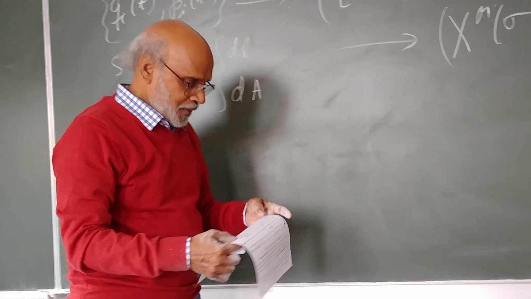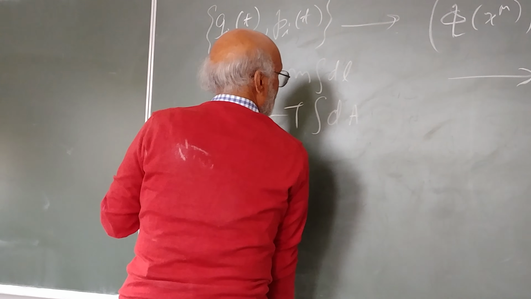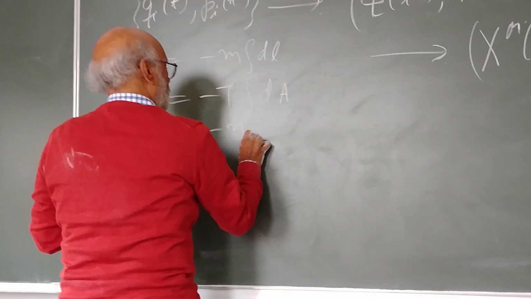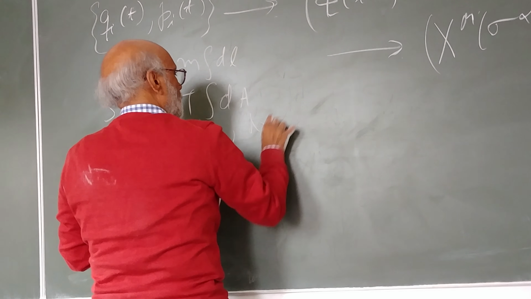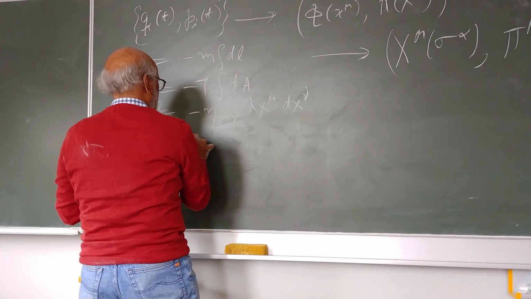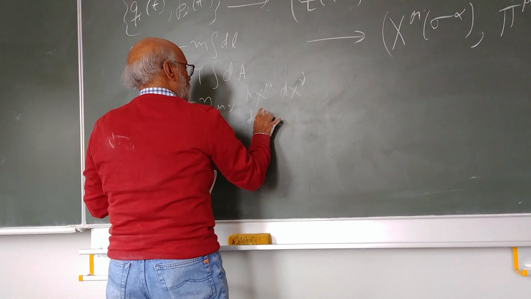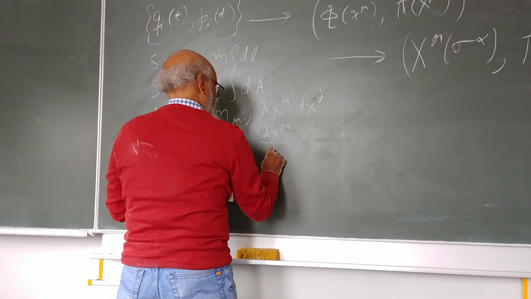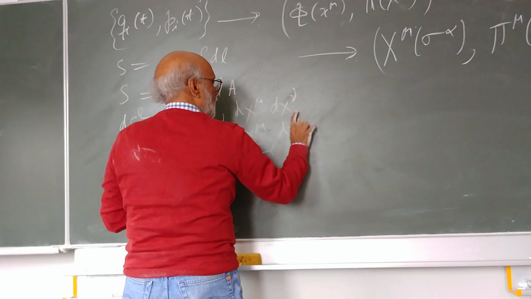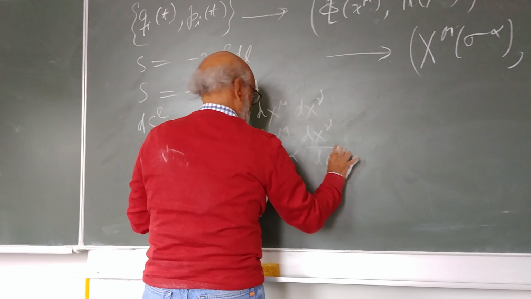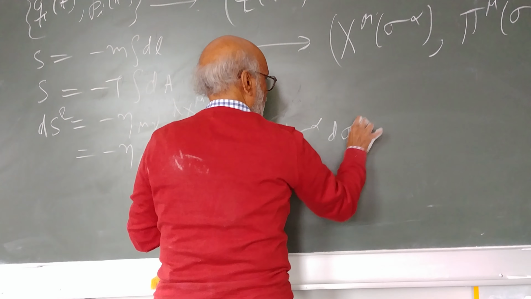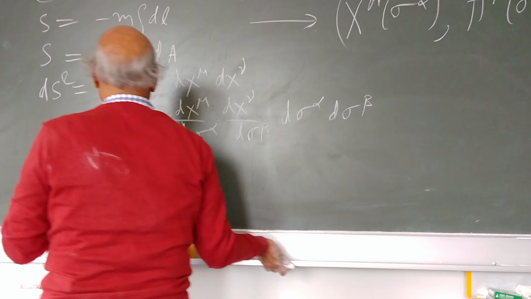Okay, and one can write ds square equals minus eta mu nu dx mu dx nu. Now I can write it as minus eta mu nu dx mu d sigma alpha dx nu d sigma beta, d sigma alpha d sigma beta.